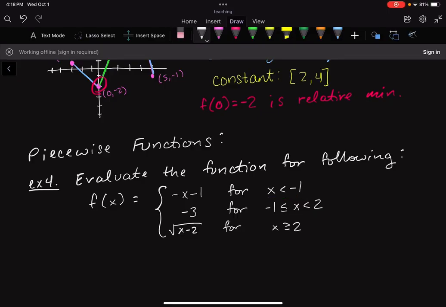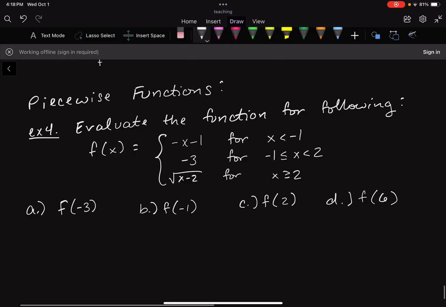But we're going to do some evaluating. So for part A, we're going to evaluate f of -3. B, we'll do f of -1. C, we'll do f of 2. D, we'll do f of 6. So I just made a few of these.